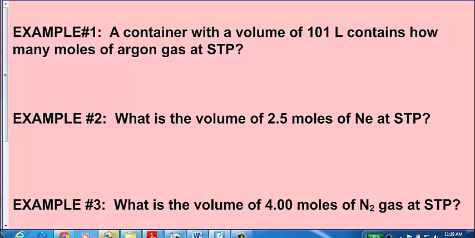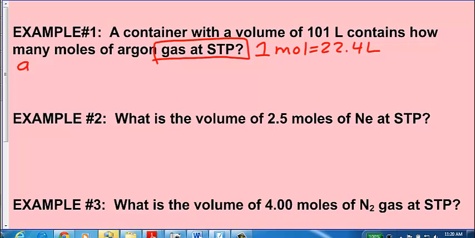Okay? A container with a volume of 101 liters contains how many moles of argon gas at STP? Okay? We have a gas at STP, which means I can use the relationship 1 mole equals 22.4 liters. Otherwise, you could not use that relationship.